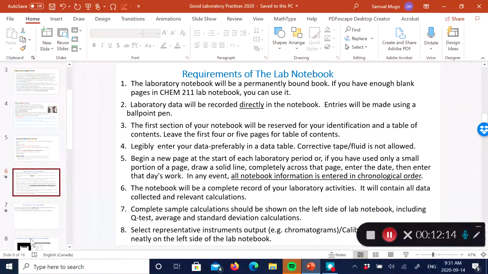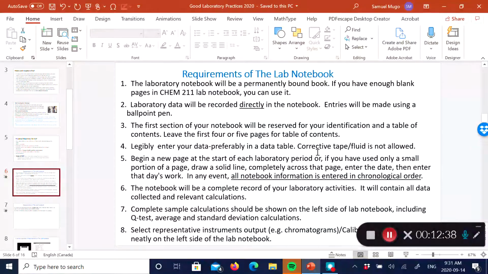Take note of this, the first 2 or 3 pages should be the table of contents. So leave that blank. The first 4 or 5 pages, leave that blank for the table of contents. Now the data must be recorded legibly, and you cannot erase it using corrective tape or fluid and so on.